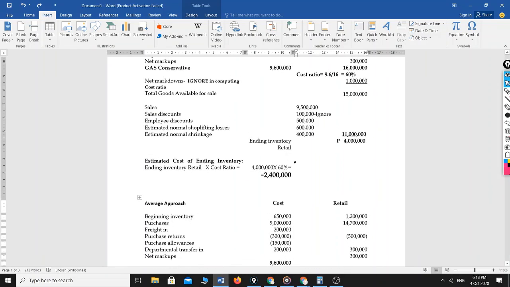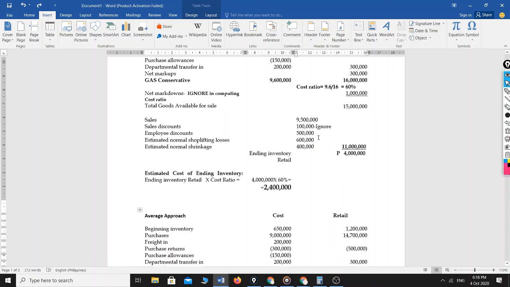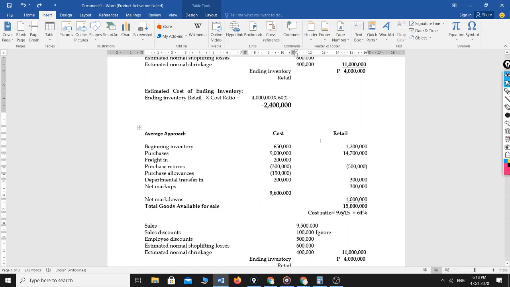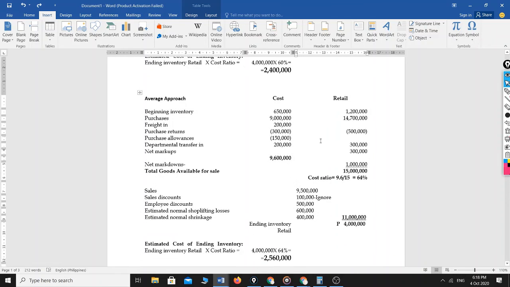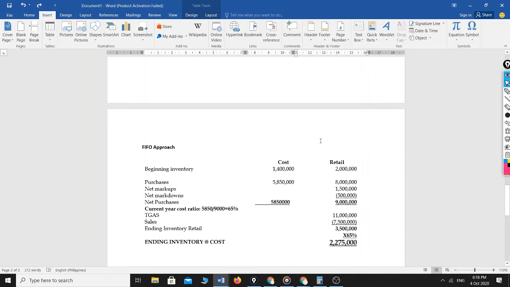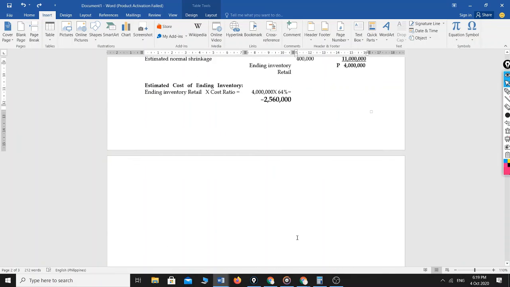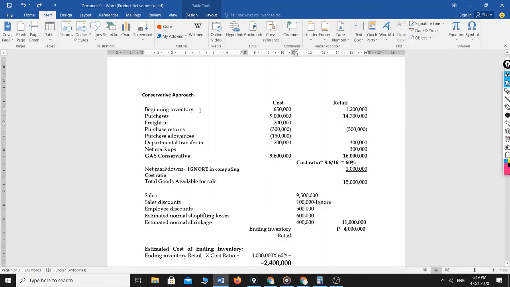So remember, guys: in the conservative approach, the markdown is not applied in computing the cost ratio. In the average approach, we consider the markdown in computing the cost ratio. In the FIFO approach, we do not consider the beginning inventory in computing the cost ratio. But overall, they have the same concept; they only differ in the cost ratio.